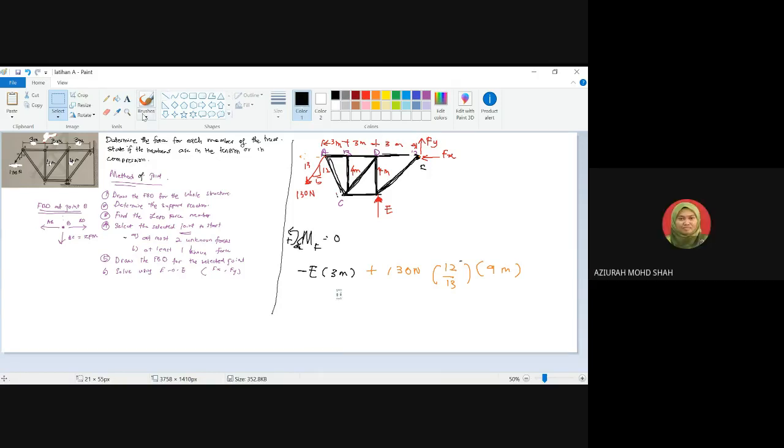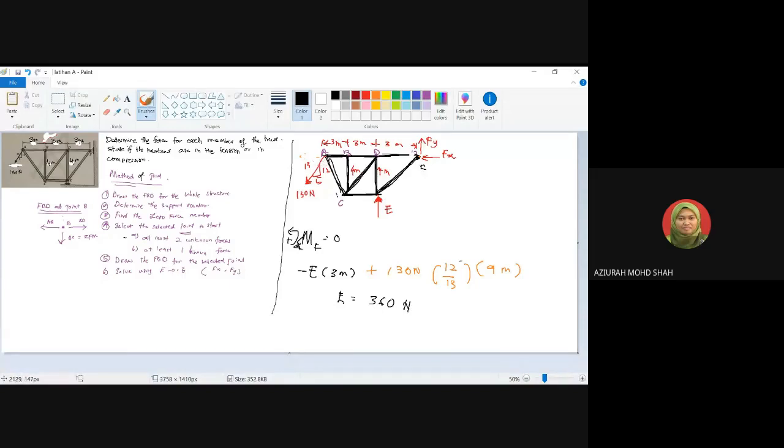360. Apa dia gap tu E? 360 Newton. Okay. 360 Newton. Okay, so lepas tu it's up to you lah. You nak guna moment dekat E pun boleh. Ada apa lagi yang nak guna?